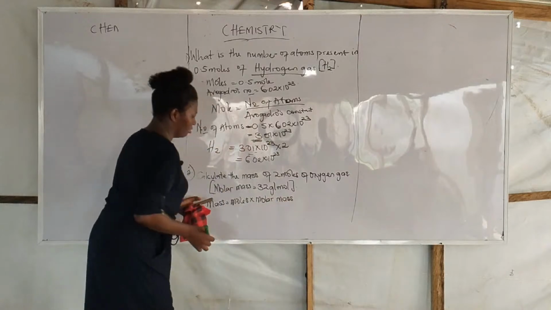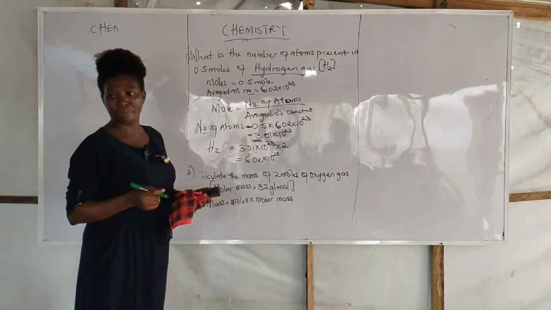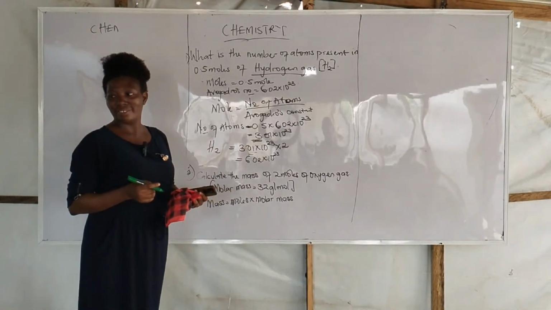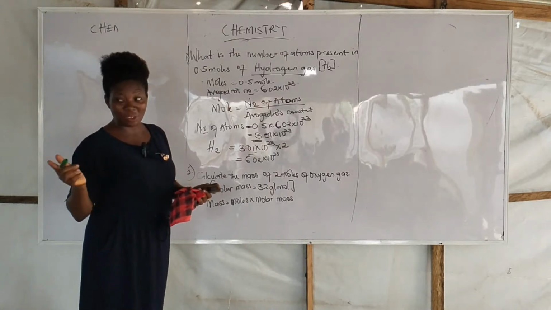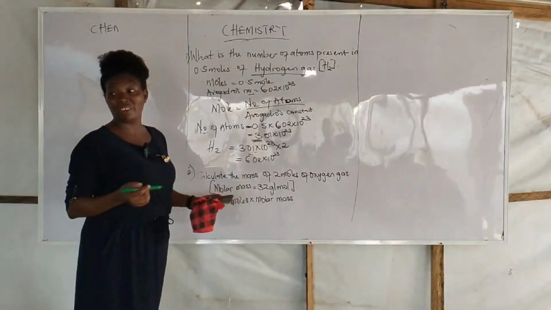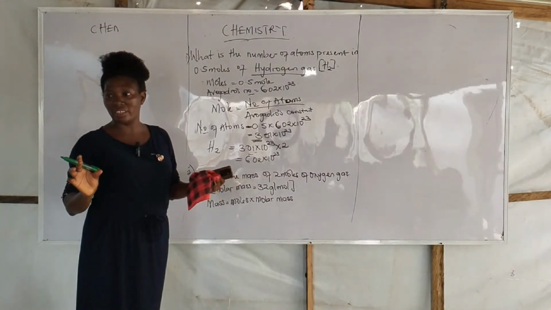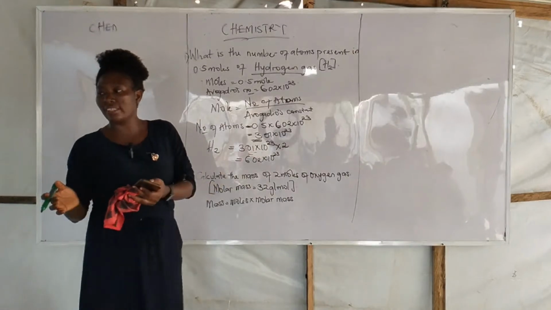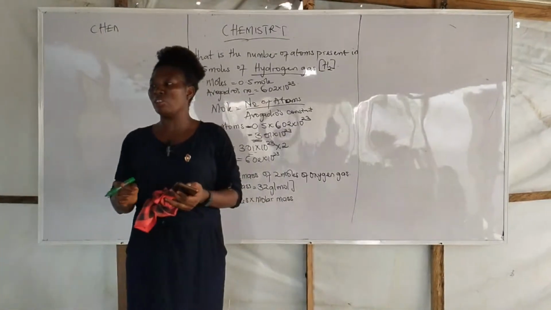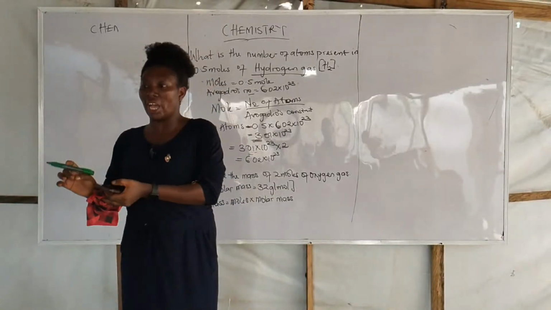Can someone ask a question here? Why is it not Avogadro's number? Because we are not dealing with Avogadro's number, so please know the differences here. It is talking about moles of each atom.